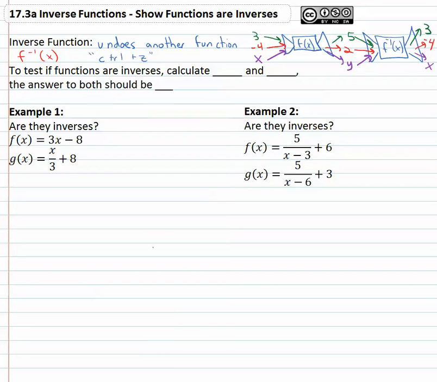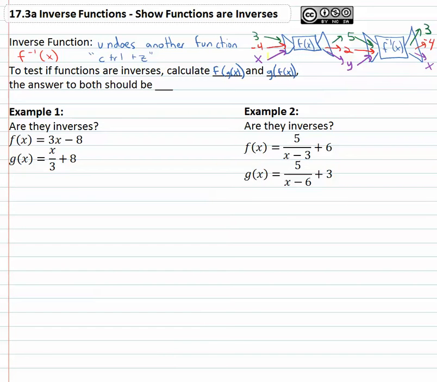And the way we know if two functions are inverses, if we've got an f of x and a g of x, we want to know if they're inverses, if one truly undoes the other, what we'll do is calculate the compositions, f of g of x and g of f of x. If we go into a function and immediately that result is plugged into another function, that's a composition.